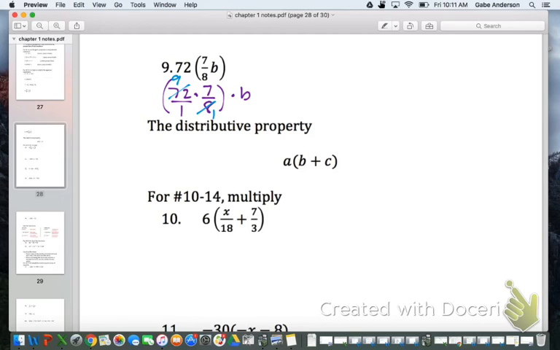Once you've done that, to multiply fractions, you multiply the numerators times each other and the denominators times each other. It comes down to, can you do 9 times 7? 63. 63, yep. So you end up with 63 over 1, but you can just write 63, and then don't forget times b, or just 63b would be a good answer there.